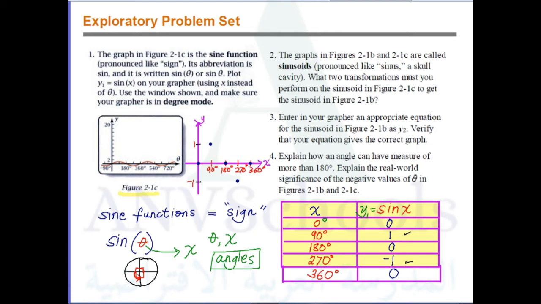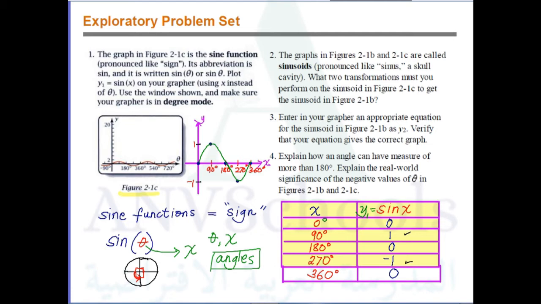And connect them by a smooth curve. So connecting by a smooth curve should give us a plot, so it will give us a curve that is like that.